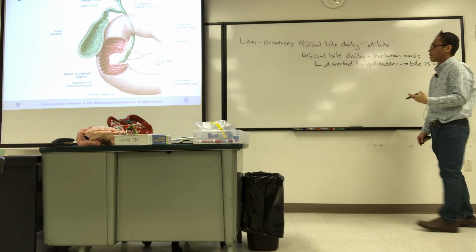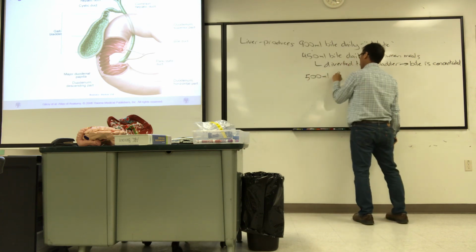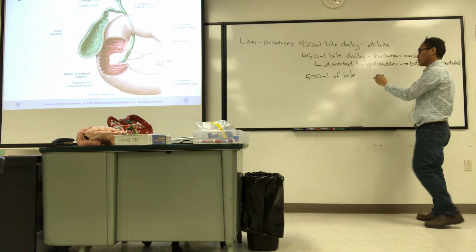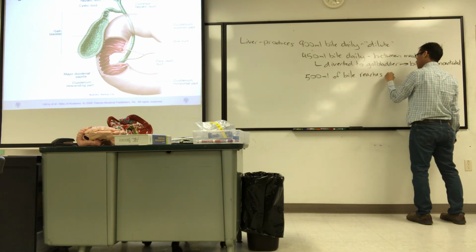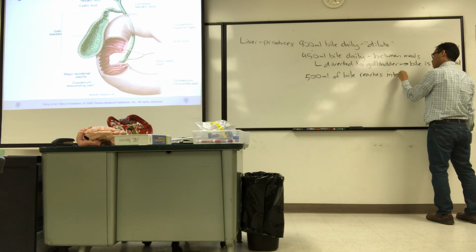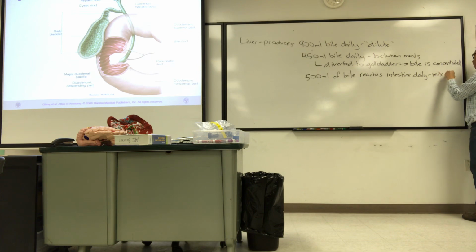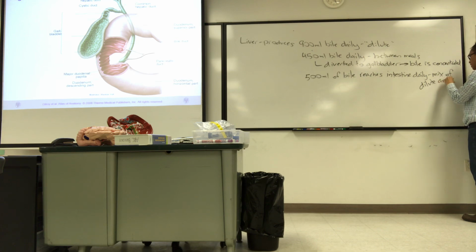So if you have a gallbladder, about 500 ml of bile reaches the intestine daily, and it would be a mix of dilute and concentrated bile. But if you don't have a gallbladder, it's mostly dilute.